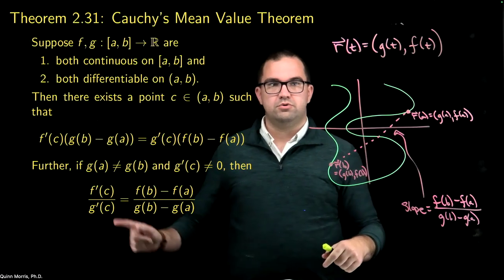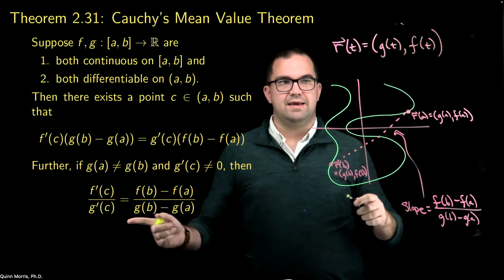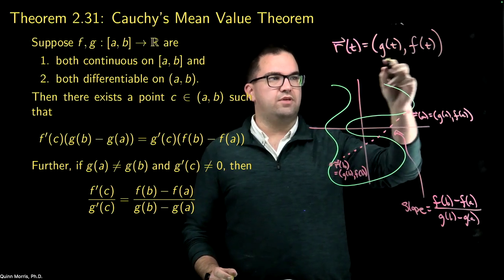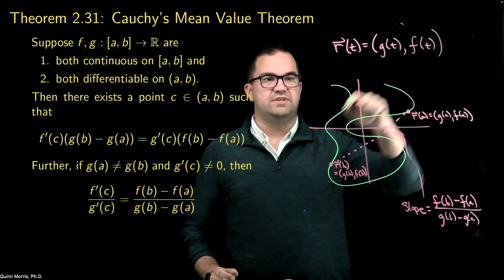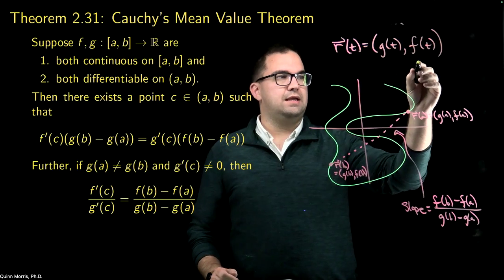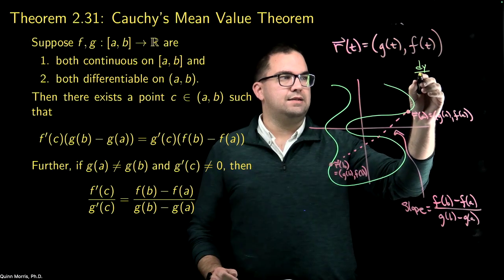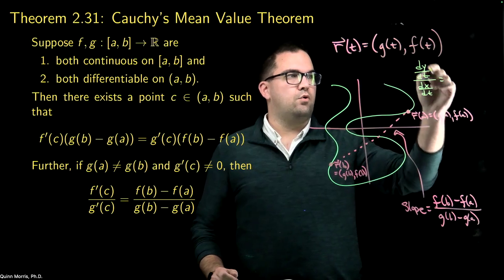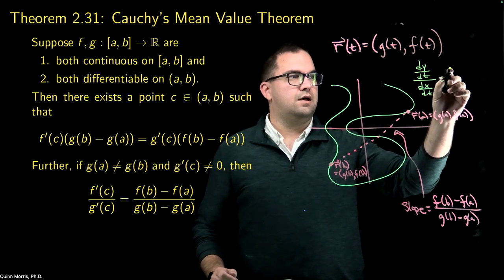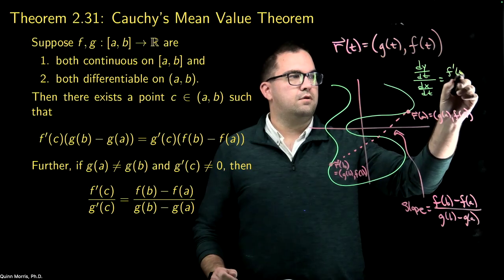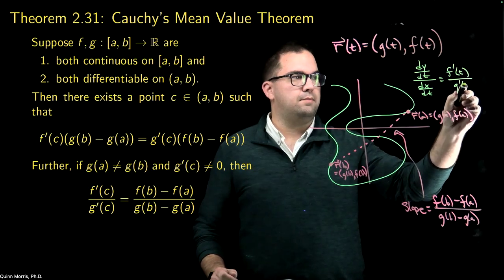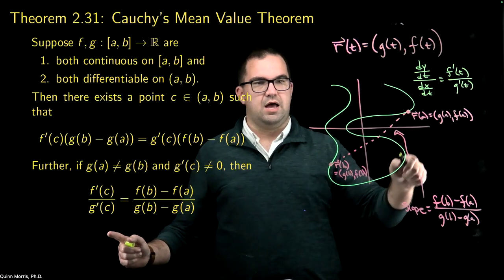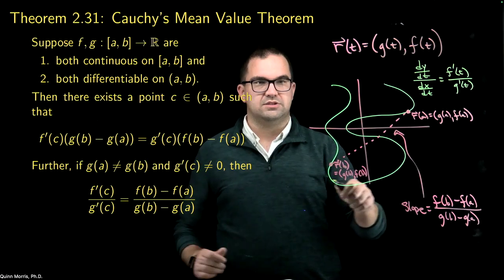Now, if I asked, what's the slope of the tangent line to r of t at any point, it would be dy/dt over dx/dt, or in this case, f prime of t over g prime of t. So on the left-hand side, what we have is the slope of the tangent line at any point along this curve.